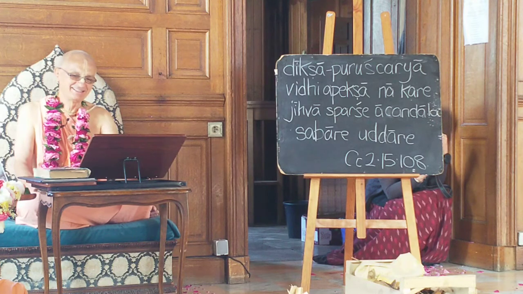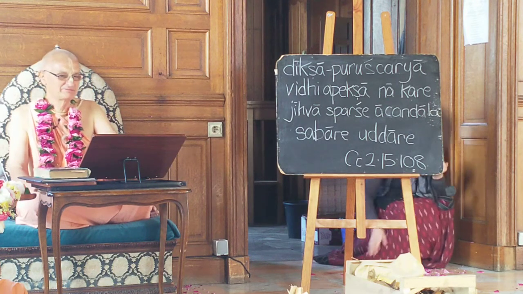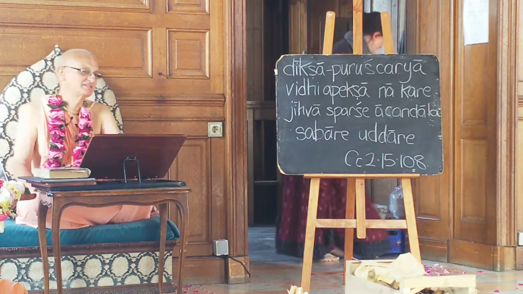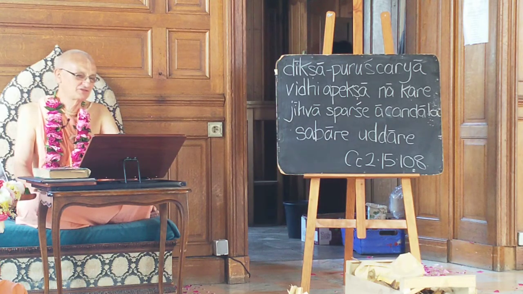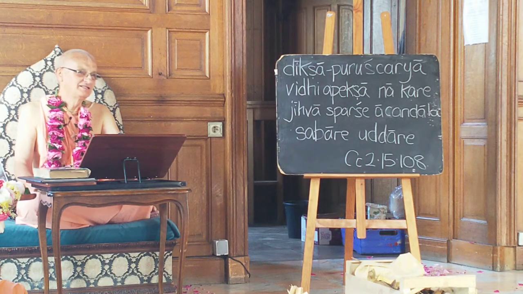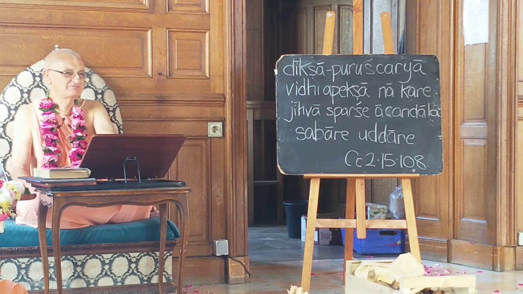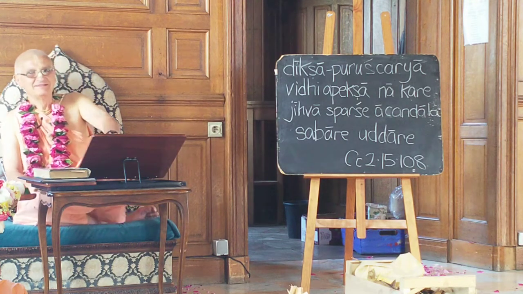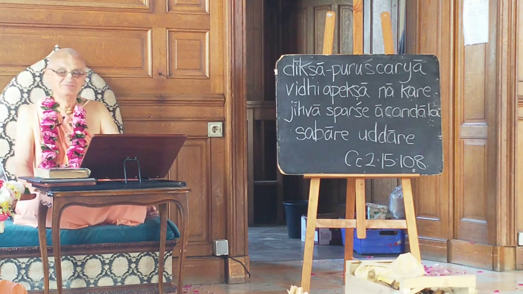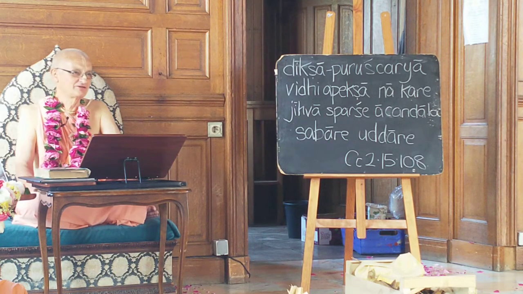A Chandala is, generally speaking, a person who has no regulated principles, like most people today. Another word in this verse is sabari, which is related to shabaras, shabari: those persons who raise animals, pigs and what have you. Most of us, and I'm not saying all of us here today, probably come from families where we were eating everything.